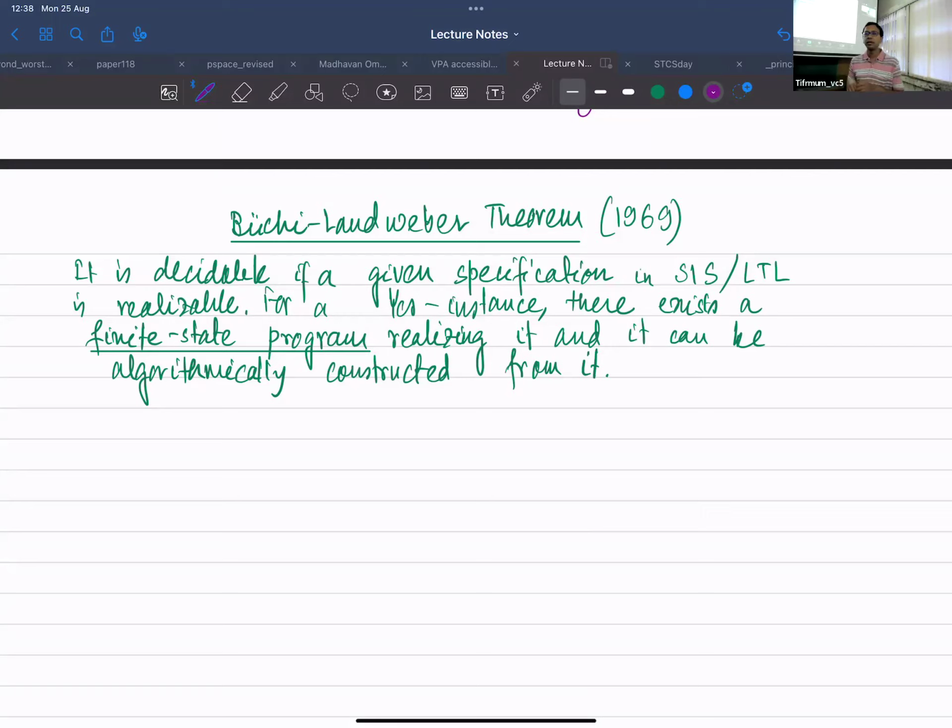Do you understand what monadic second order logic is? I think we'll see that. So monadic second order logic of one successor is essentially the MSO which we saw before. It's on words. For example, there is a word A1, A2, A3, A4, like this.